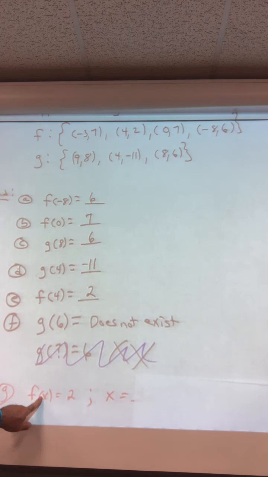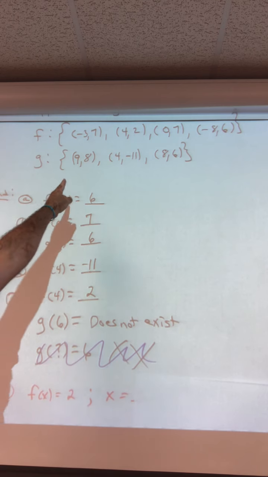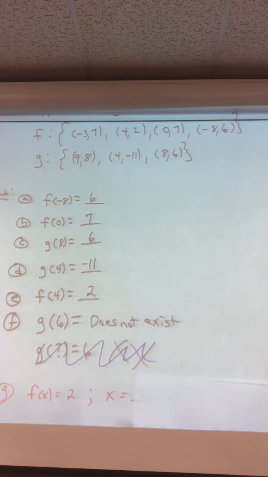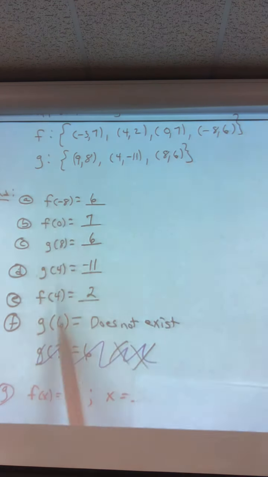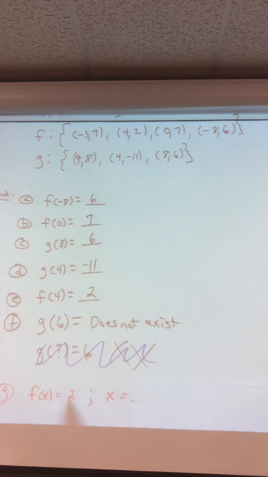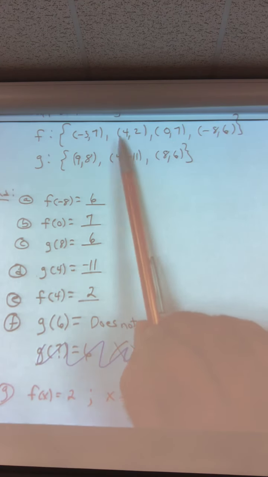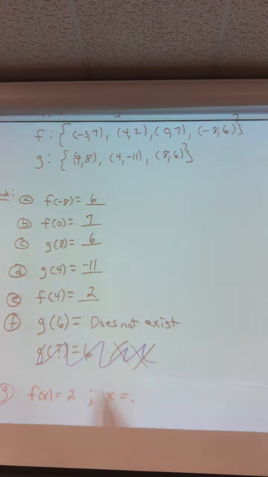You know the second number. This is your y right there. So go to the f function, which is all the way up at the top, and find an ordered pair where the second number is 2. Right there. And the x that's paired with that is 4.